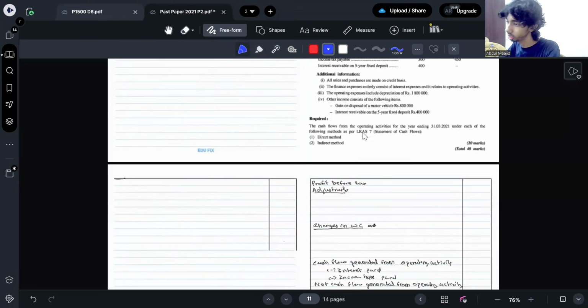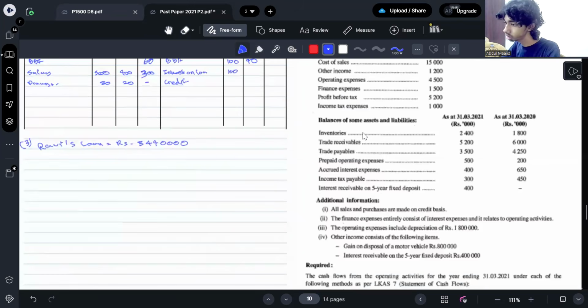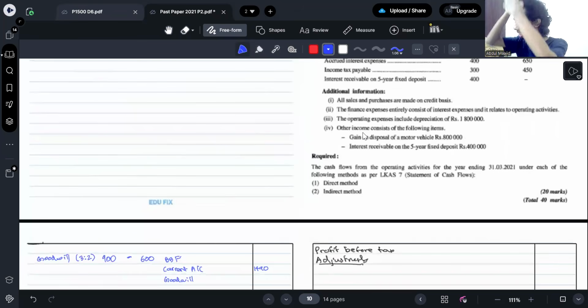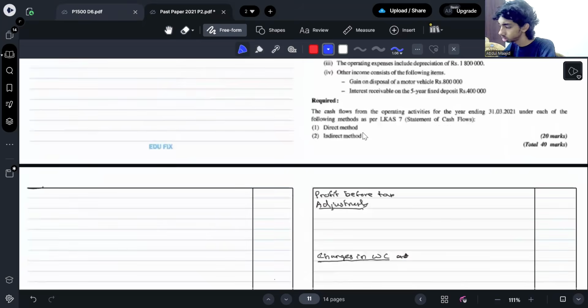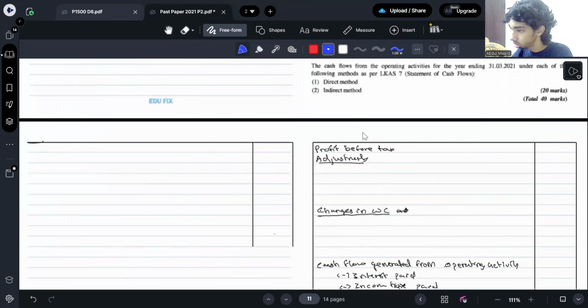So the next part of the question is a cash flow question where you have to just prepare the cash flow from operating activity only, from both the direct as well as the indirect method. Okay, so whose business? Saranga PLC, cash flow from operating activity, direct method, rupees 1,000.